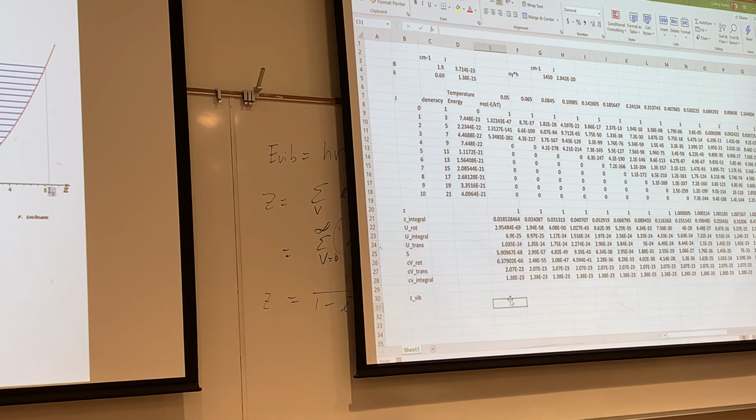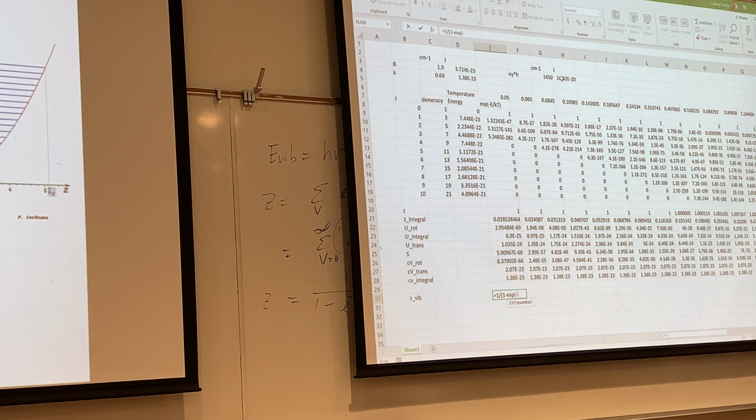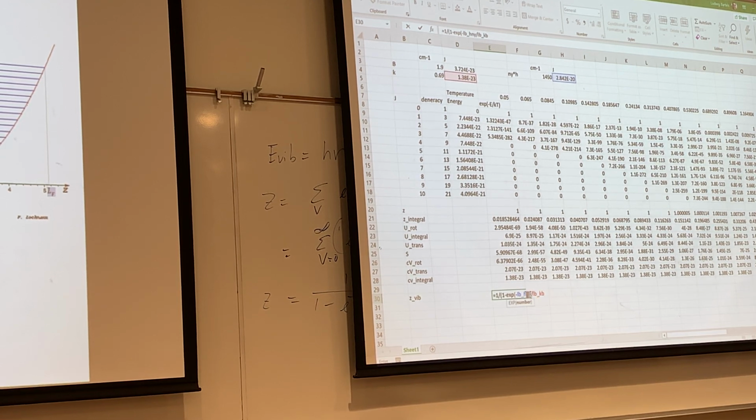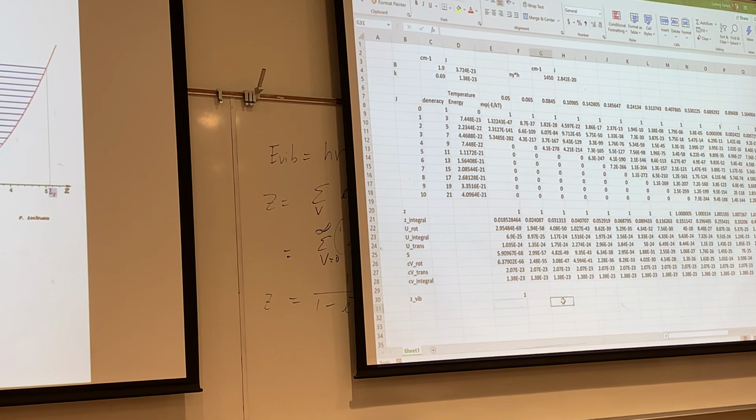Okay, so equals 1 divided by 1 minus exp of minus this one here divided by k. These two together would be our characteristic temperature for the vibration, and then also divided by the temperature, which is here. And close the exponential, close the parenthesis below, and we get a value like this.